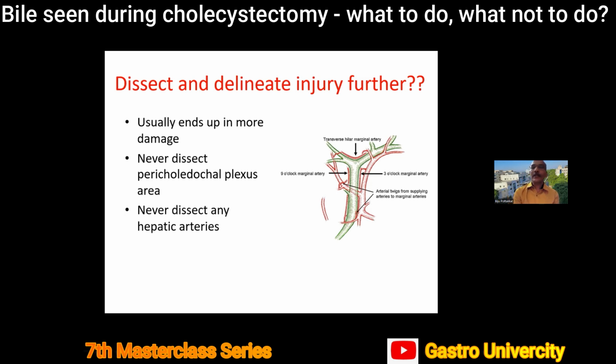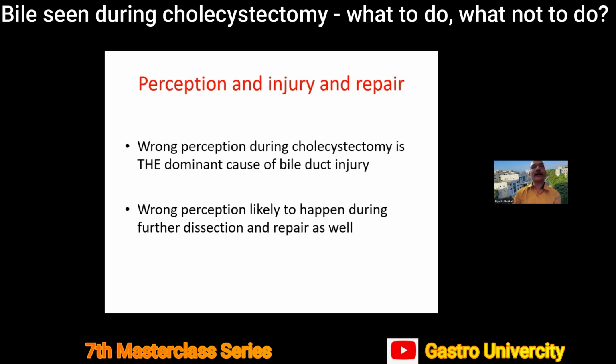The pericholecystic plexus, the right hepatic artery and the supracholecystic plexus are very important in the further repair and management. These are the arteries which actually feed the stricture in future. So never try to dissect further in and around the bile duct.